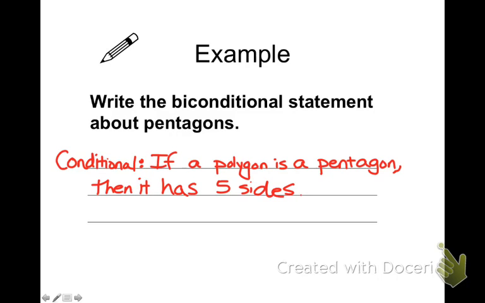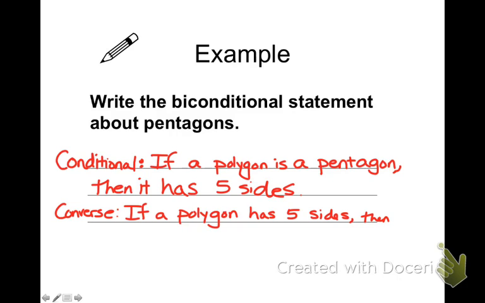What would be the converse of that? If it has 5 sides. Good. So I'll wordsmith it. So I would say if a polygon has 5 sides, then it's a pentagon.